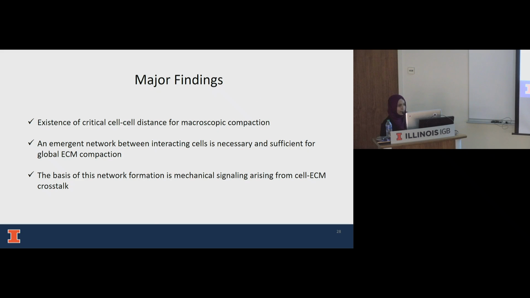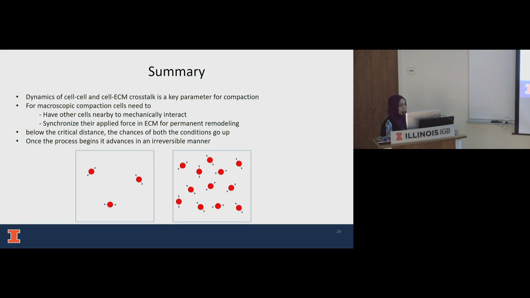To summarize, we can say that the dynamics of the cell-cell and cell-ECM crosstalk is a key parameter for compaction. The previous studies considered the compaction in a steady-state manner, but we have shown that the cell-cell dynamic interaction plays a very crucial role for cells to sense each other.